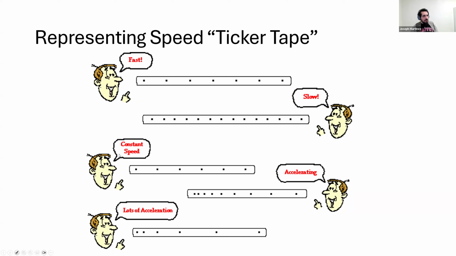Then we move on to the idea of displacement and distance traveled. For this, remember the difference between distance and displacement. I talked about that at the start of lecture, but the difference is that distance is the total amount of ground that was covered, whereas displacement is just the change in your location from start to end.